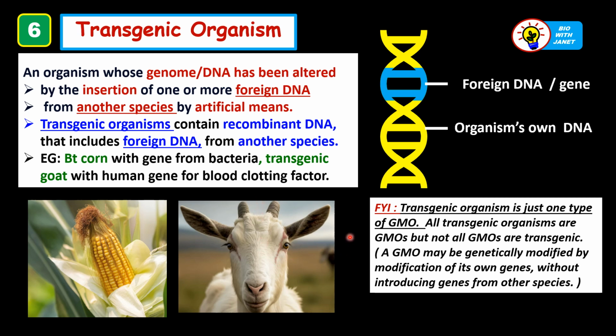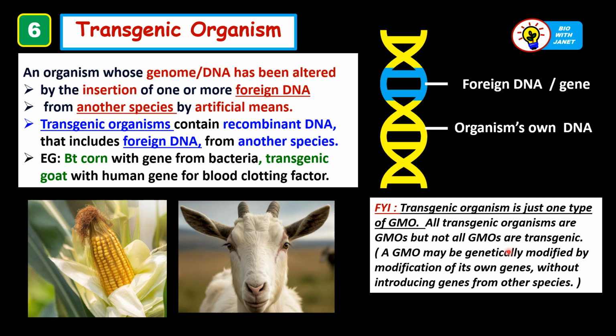So are all GMOs transgenic organisms? No. Some GMOs are not transgenic organisms, because they are genetically modified, but they do not have a foreign gene from another species. So transgenic organism is just a type, a subset of the GMOs.